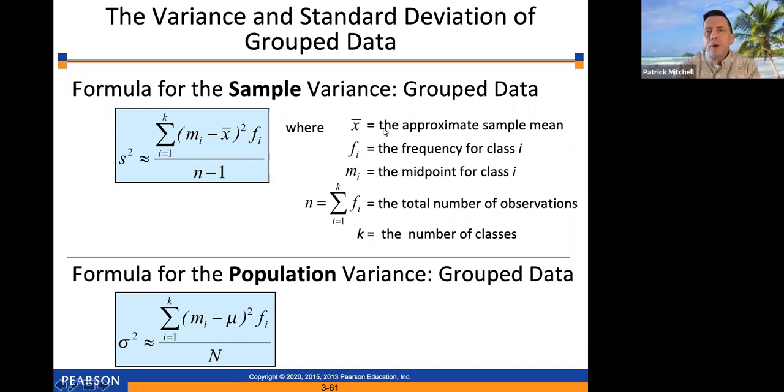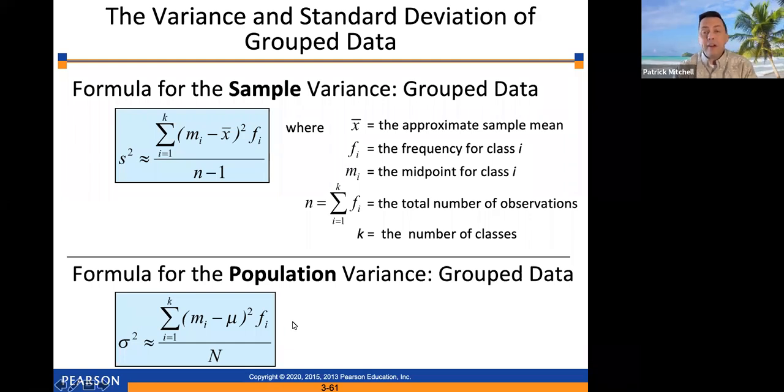And again, X bar is the approximate sample mean, f sub i is the frequency for class i, m sub i is the midpoint for class i, just like we were talking about a minute ago. And then n is the total number of observations, k is the number of classes.